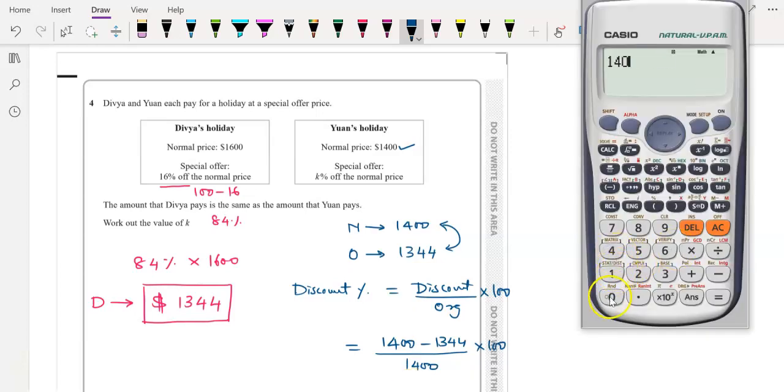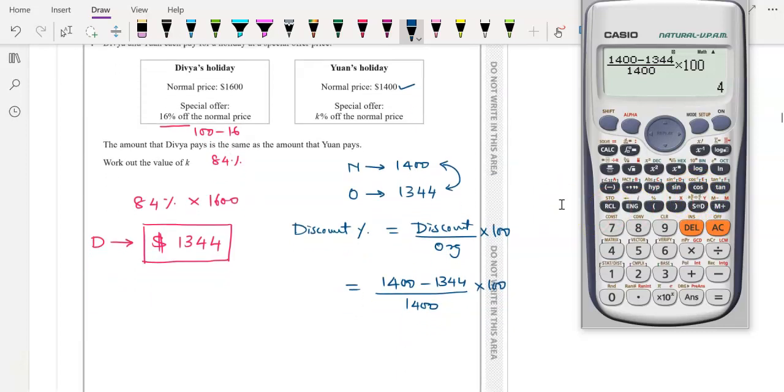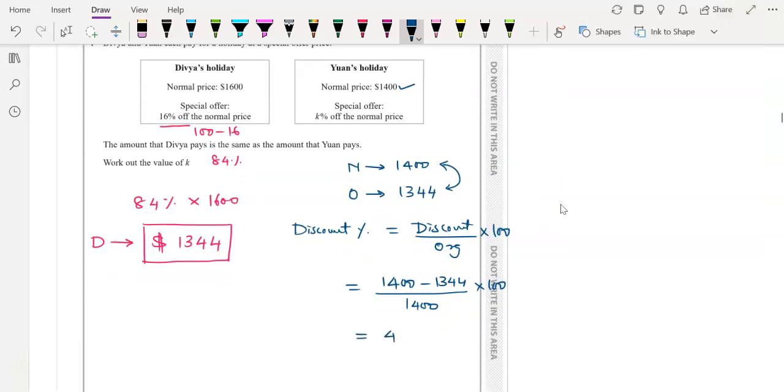So 1400 minus 1344 divide by the original price 1400 times 100. So the discount percent is 4%. So value of K here is 4.